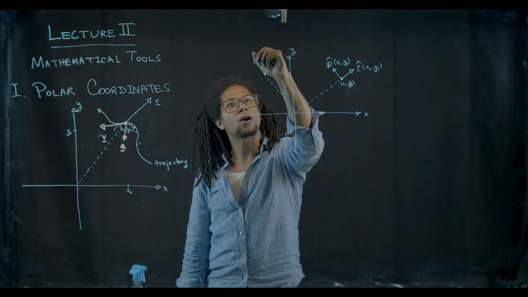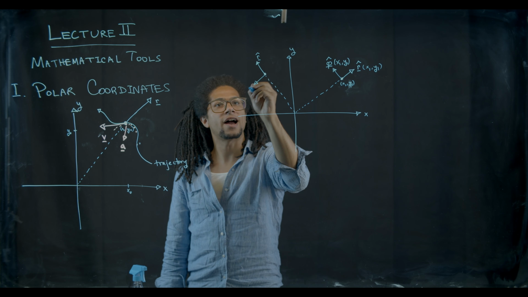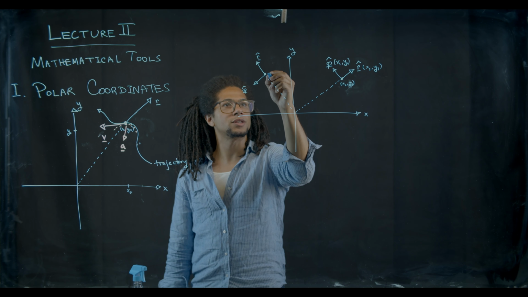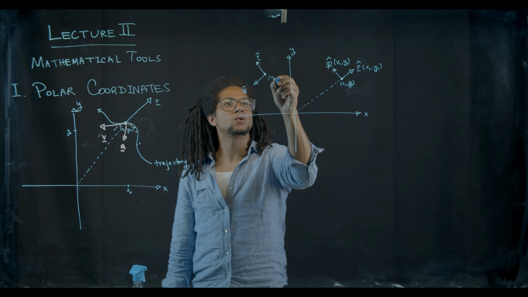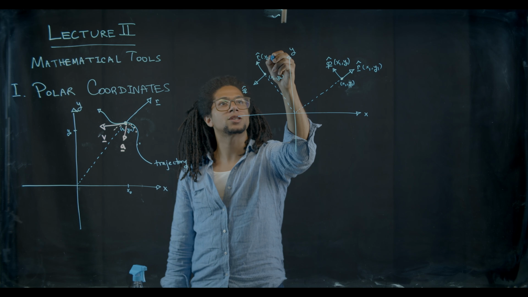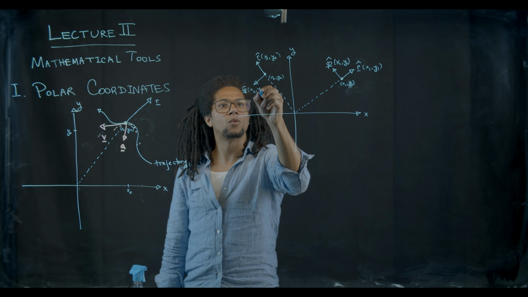In this case, my r hat vector goes in this direction, and my phi hat vector goes in this direction. And again, I'll call this point x2, y2, such that this can be r hat of x2, y2, and this can be phi hat of x2, y2. Wonderful.